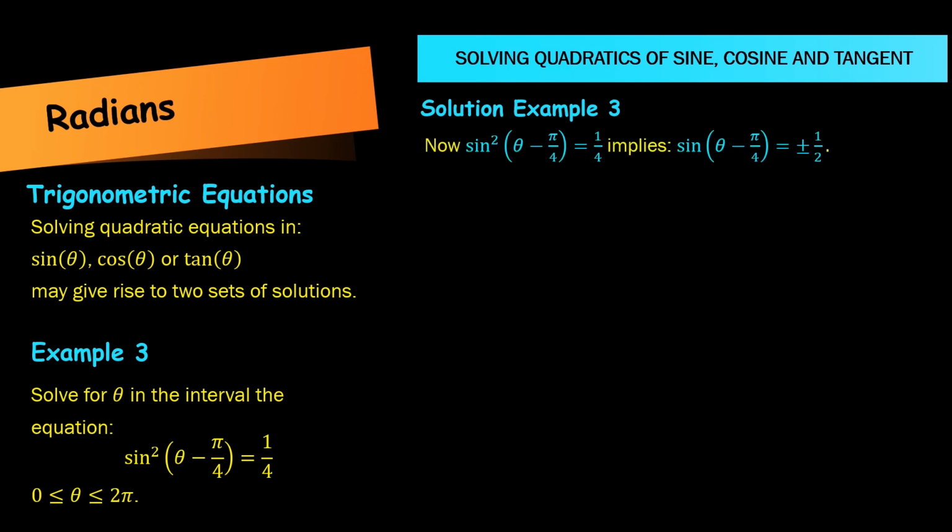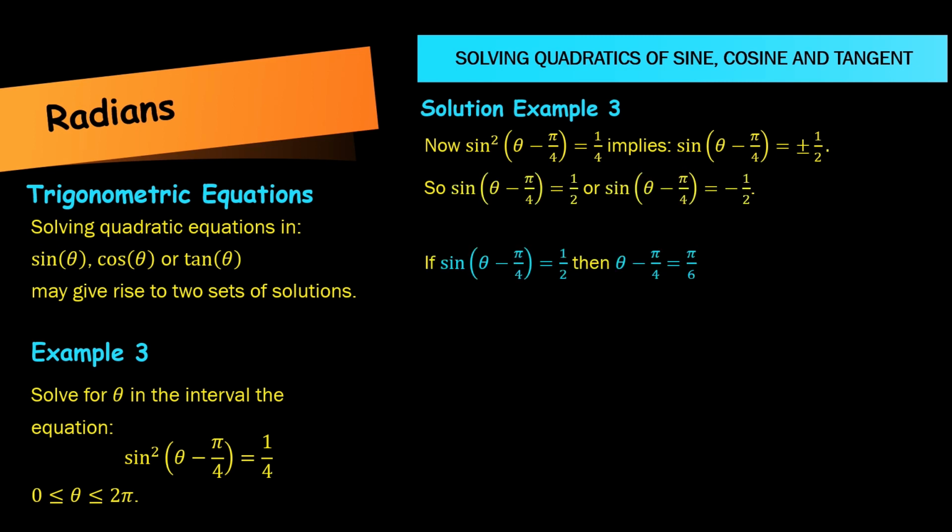Of course, sine squared theta minus pi by 4 equals 1 over 4 implies that sine theta minus pi by 4 equals either plus or minus a half. So we have either of these two expressions highlighted in red. If we consider sine theta minus pi by 4 equals plus a half, then we have that theta minus pi by 4 equals pi by 6 as one of the solutions.